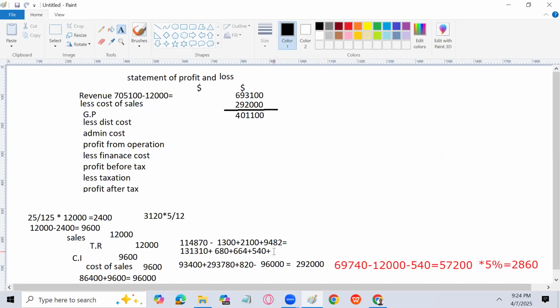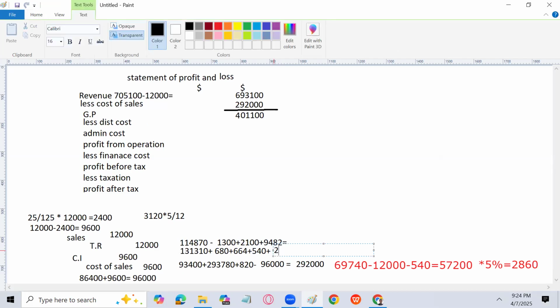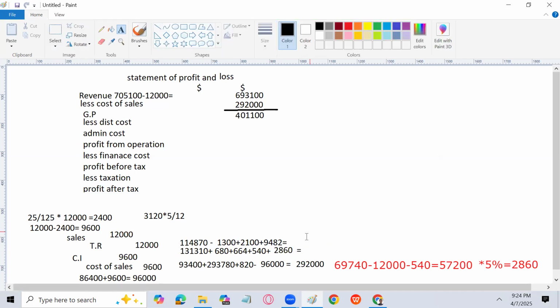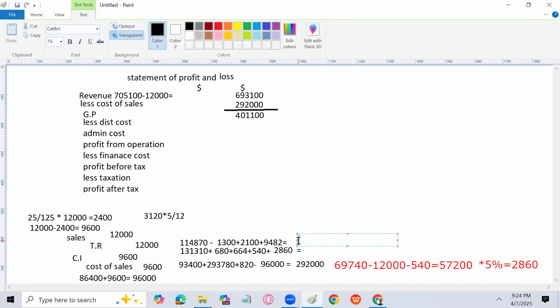So what is the answer? You need to tell me the answer of distribution expenses and also the answer of admin expenses. Both are required. Let me calculate it. 870 minus 1300 plus 2100 and plus 9482. 125,152.